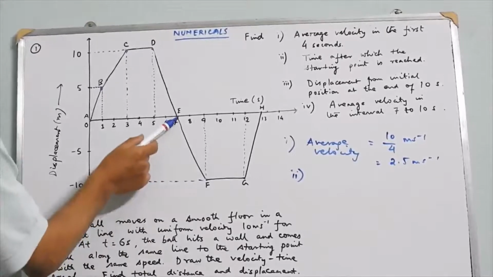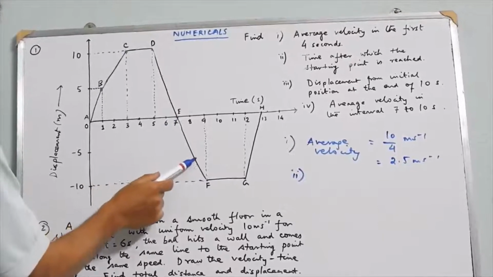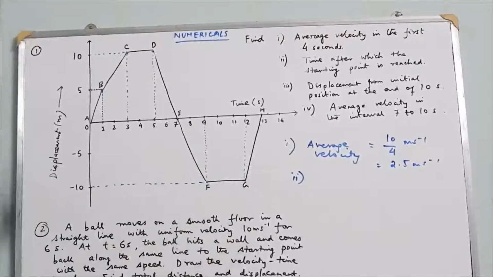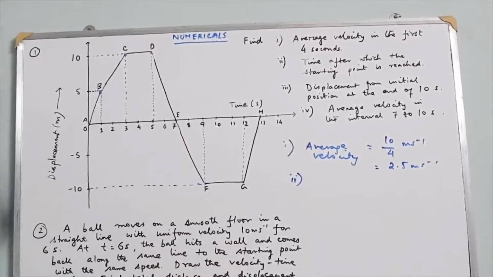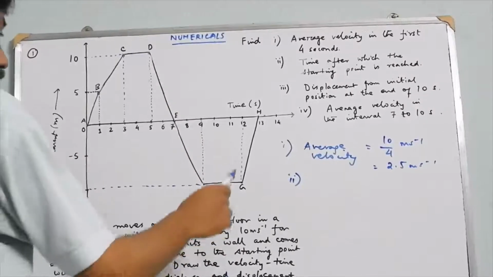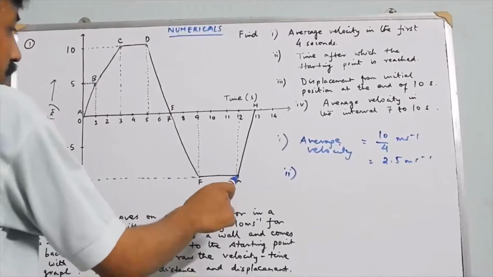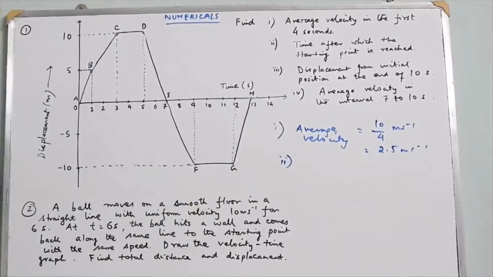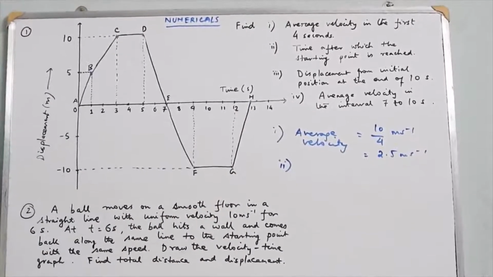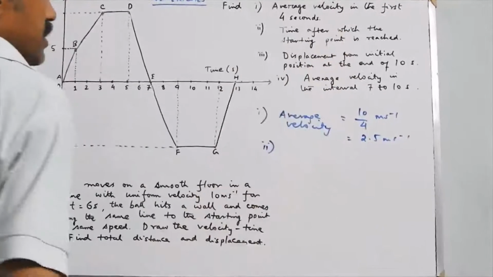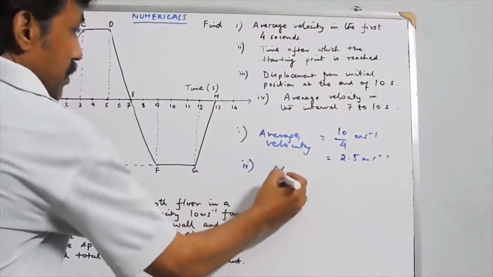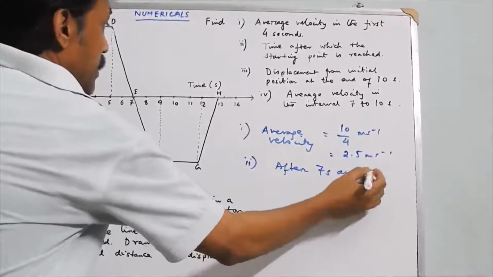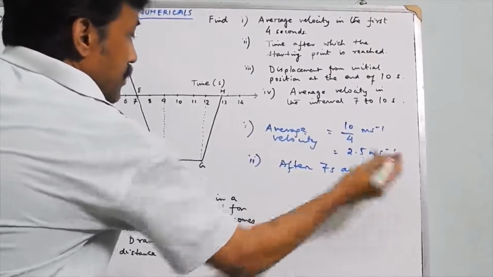Similarly, in this section, the displacement is changing with the time interval, but from F to G, the displacement remains constant, which means the velocity is again 0, but again the body has changed direction of motion, and so at 13 seconds again it has come back to its starting point. So the time after which the starting point is reached is obviously 7 seconds and 13 seconds.